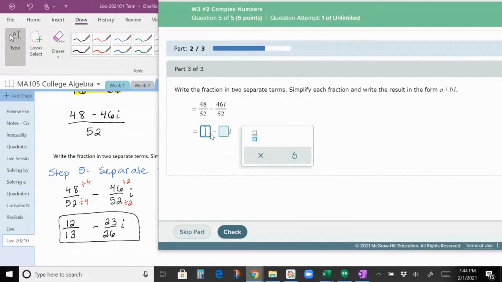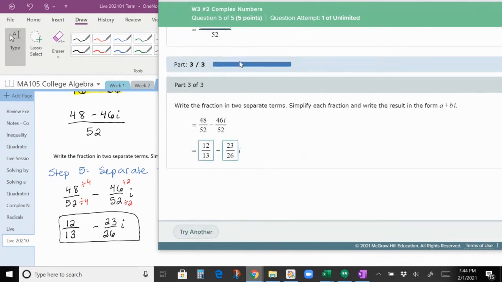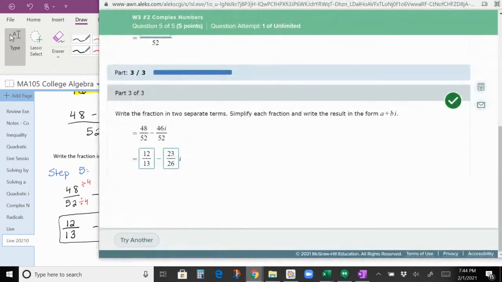When you're putting your answer here, make sure I have 12 over 13, and they give you the i right there, and they give you the minus sign as well, so all you need to do is type in the fraction here. And there, we got it right. So that's how we do a problem like this.